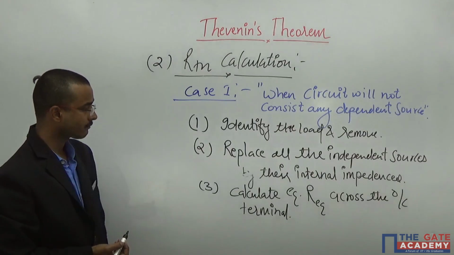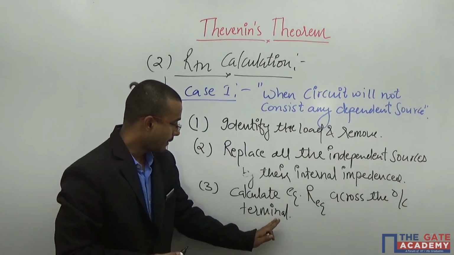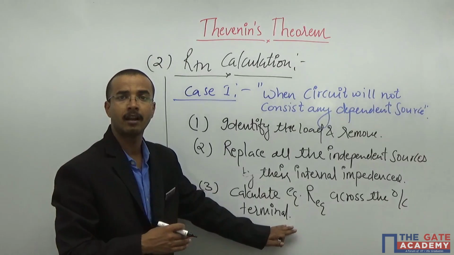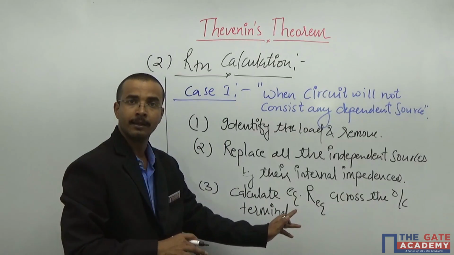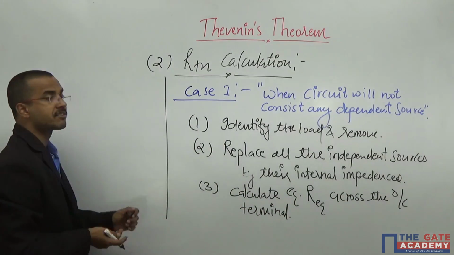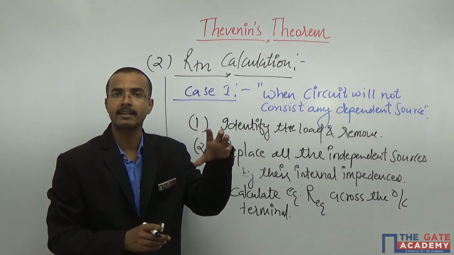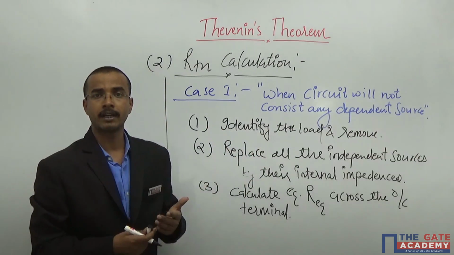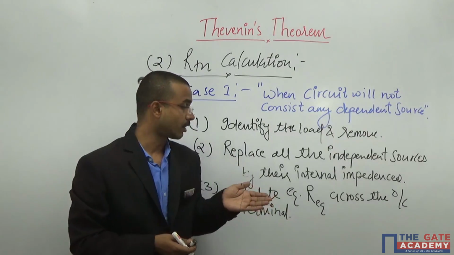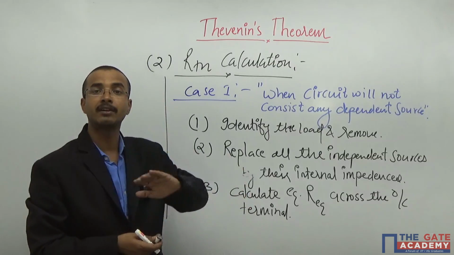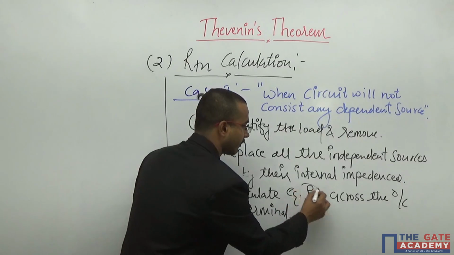As you get the open circuited terminal, by any series, parallel, or star to delta, delta to star, whatever you want to apply, you have to apply it. That is why you have studied series to parallel conversions: how to calculate the equivalent resistance of the series combination, of the parallel combination, and how to convert star into delta and delta to star, to simplify the circuit and calculate the R equivalent of that particular circuit.